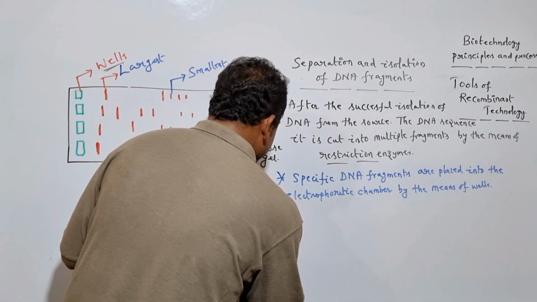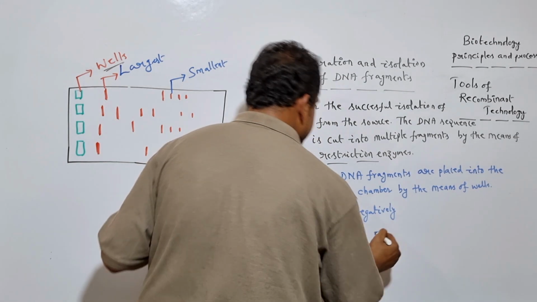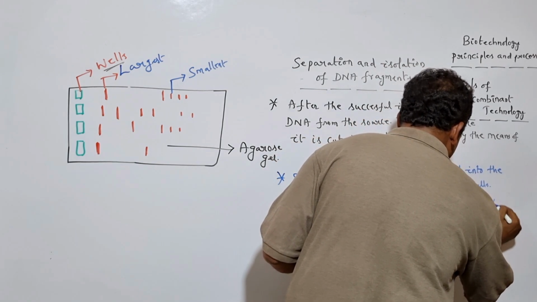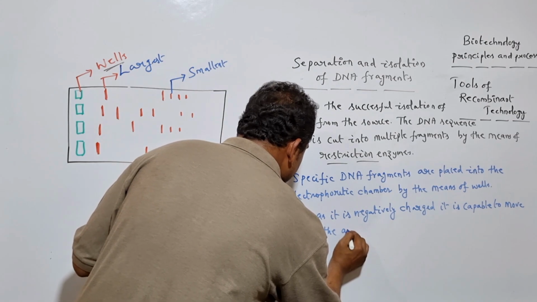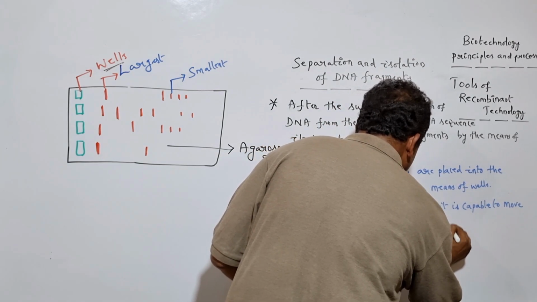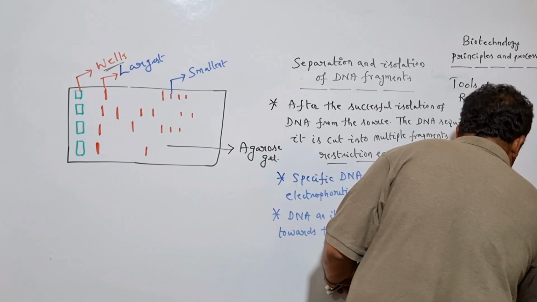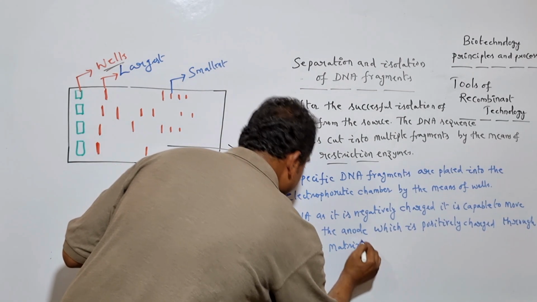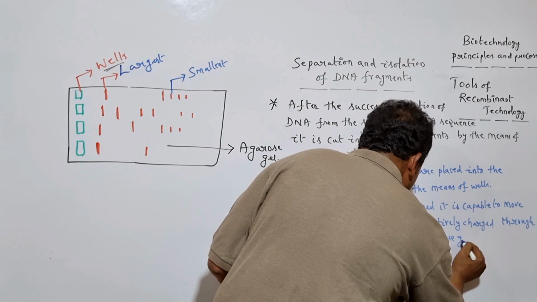So here DNA, as it is negatively charged, is capable of moving towards the anode, which is positively charged, through a specific matrix made up of agarose gel. Is it clear?